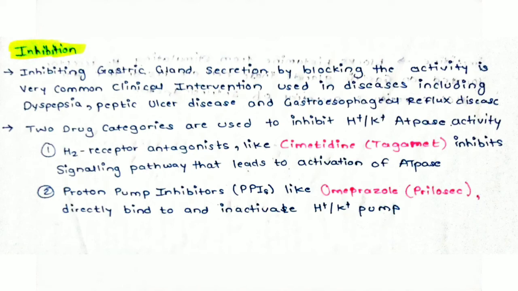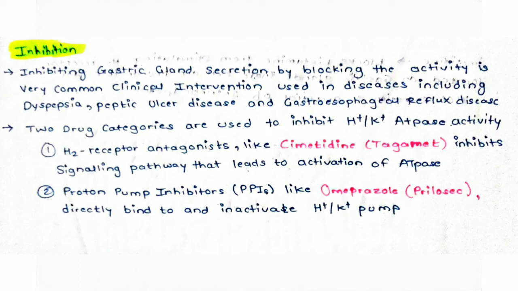Two categories of drugs are used to inhibit the hydrogen potassium ATPase activity. The first is a histamine receptor antagonist like cimetidine, common name Tagamet, which inhibits the signaling pathway that leads to the activation of ATPase. Cimetidine blocks histamine from signaling the H2 receptor located on the parietal cells of the gastric gland. As you know, these cells are responsible for hydrochloric acid secretion and secretion of intrinsic factor.